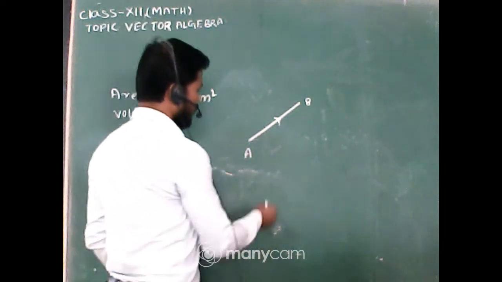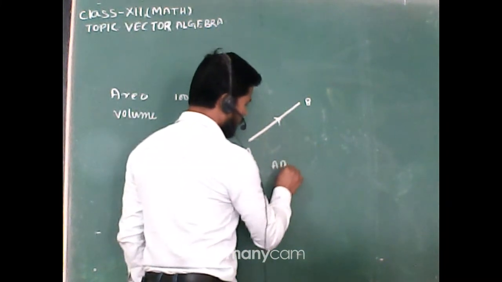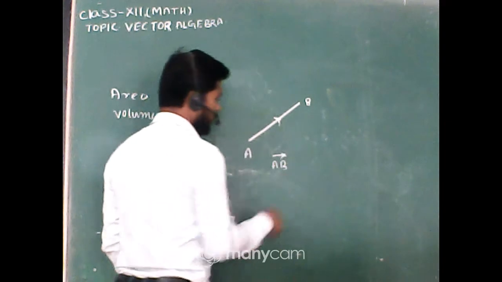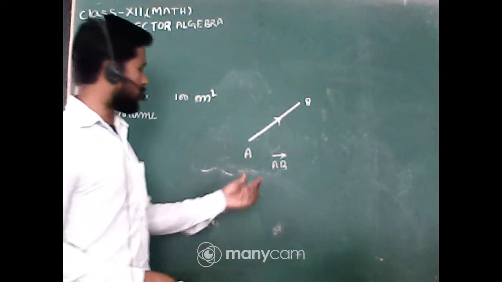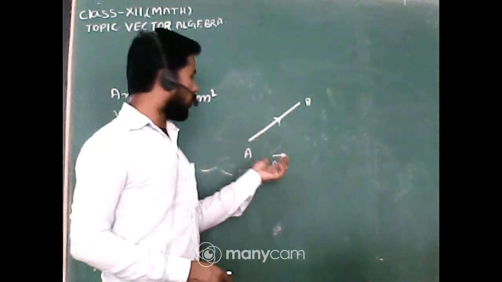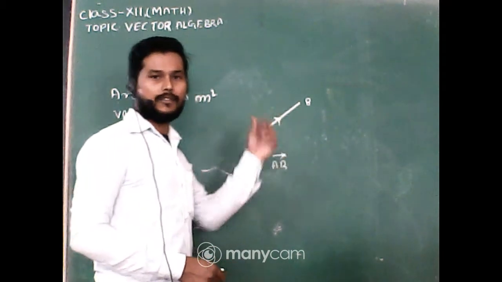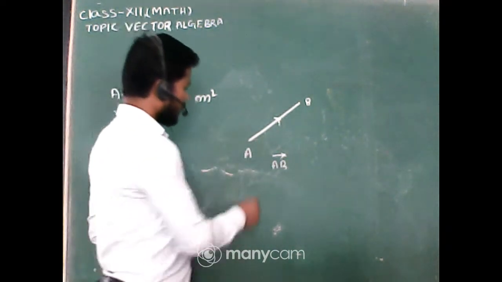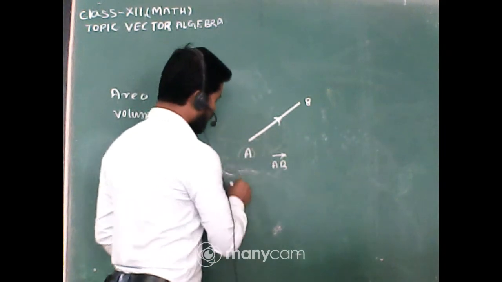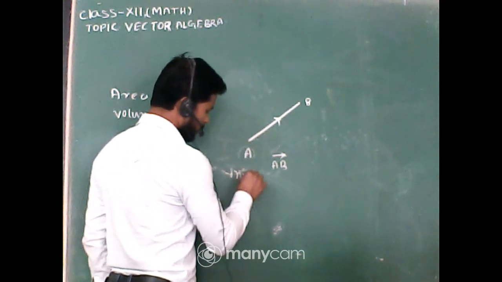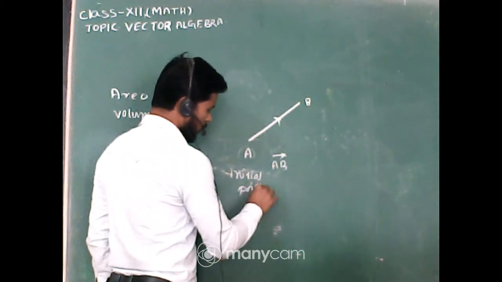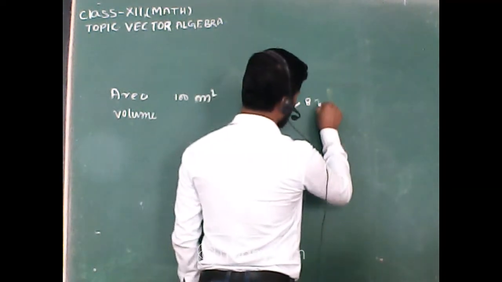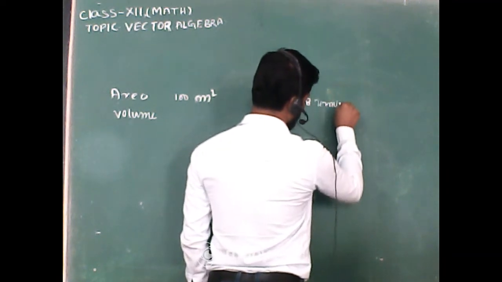This vector is denoted by AB, and we give an arrow symbol over AB. This is the notation of representation of a vector, where point A is called the initial point, and point B is called the terminal point.